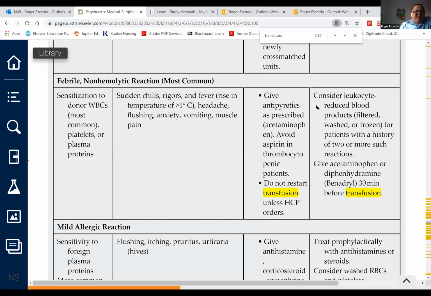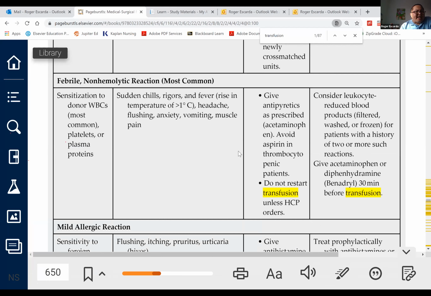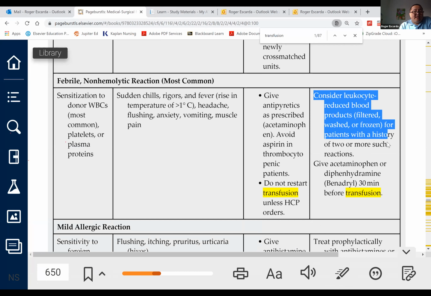Please read here. Obviously, to whom did this reaction happen? Patients who have cancer, for instance. So these are the prevention: consider leukopoor blood, meaning blood that has fewer white blood cells.